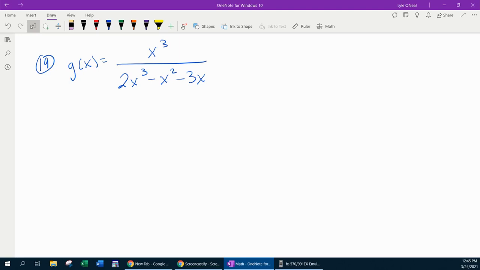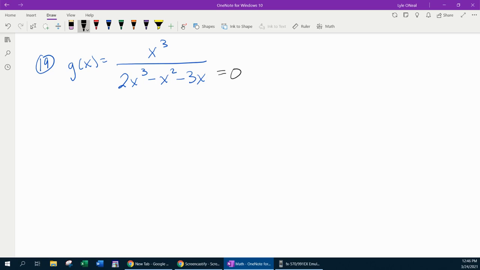Okay, next example, number 19. The instructions say determine the vertical asymptotes of the graph of the function. And so in this example, I'm going to point out something that you need to watch out for. Remember from our definition, if you want to find the vertical asymptotes, you need to set the denominator equal to 0 and solve.